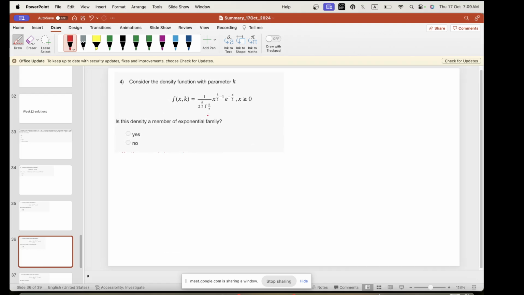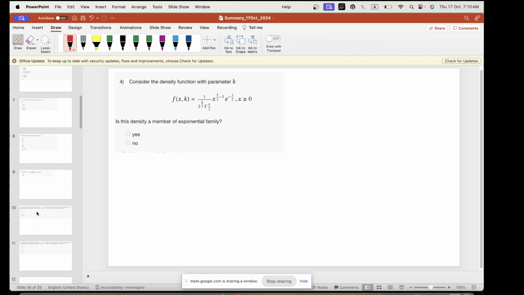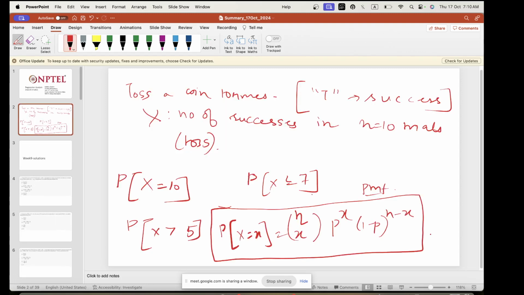Can you elaborate? Yes, of course. If I go back to what I was saying, this is how the probability distribution looks. Now, if we can map this distribution to that e to the power form, then we can say that this family belongs to the exponential family.